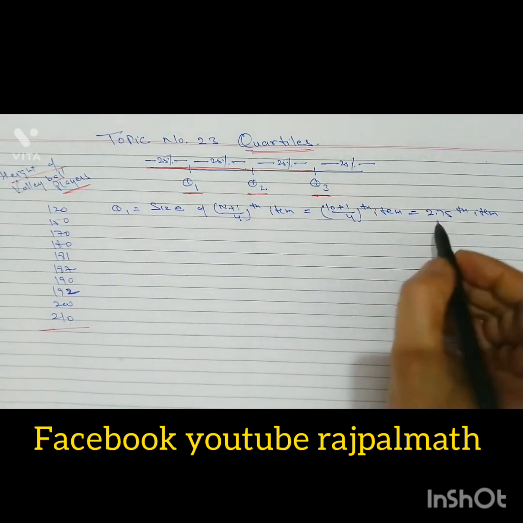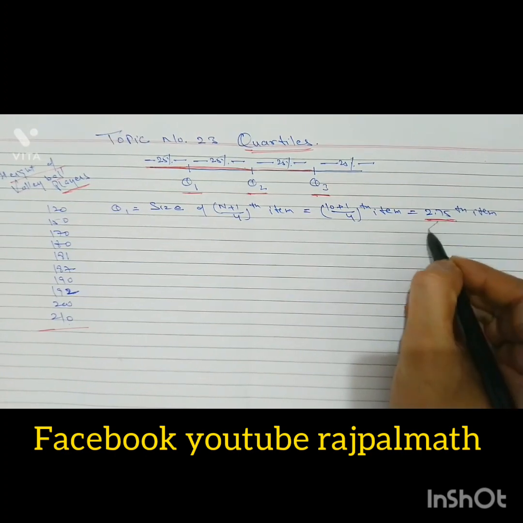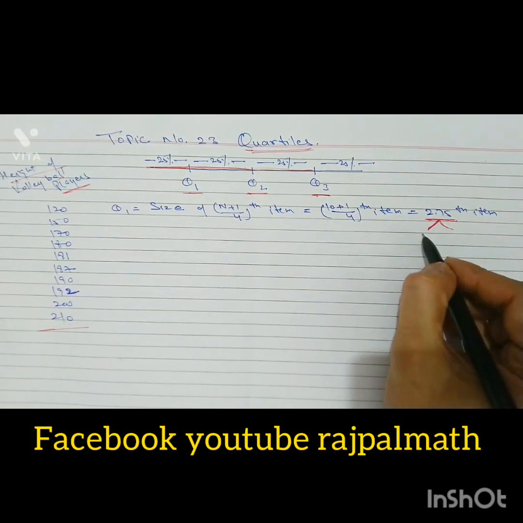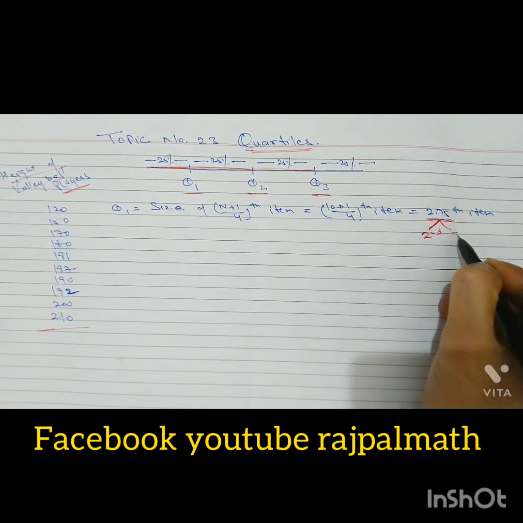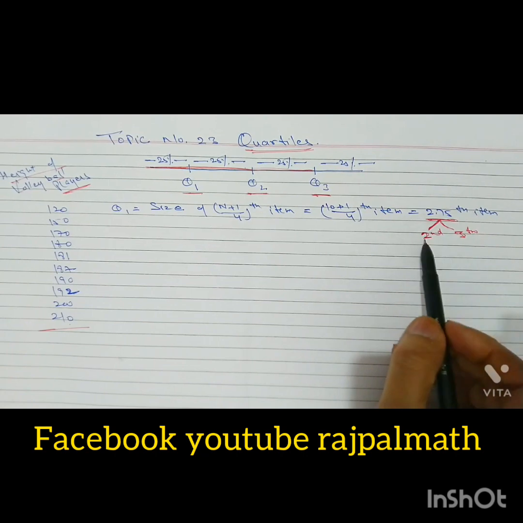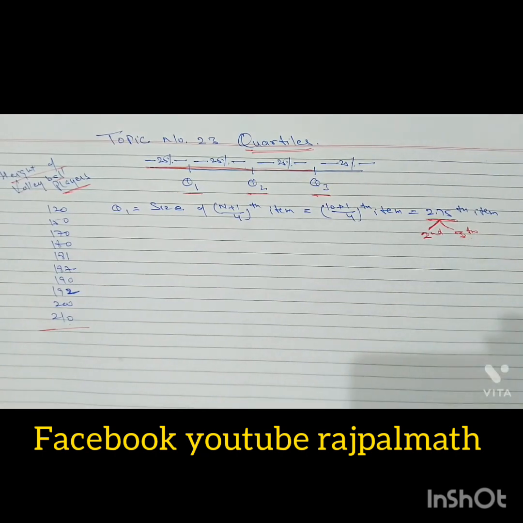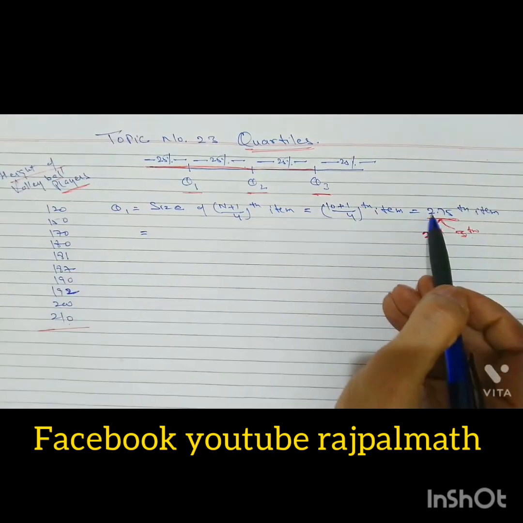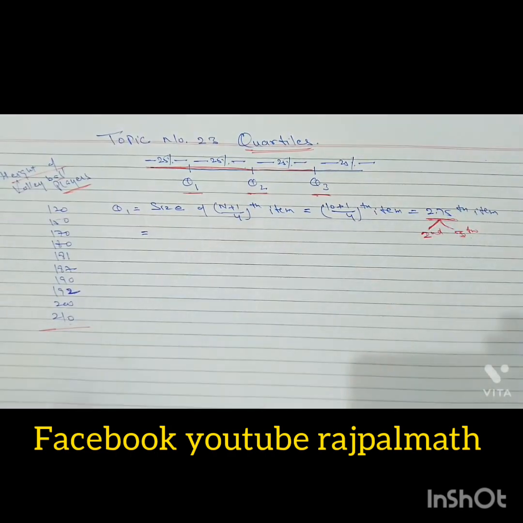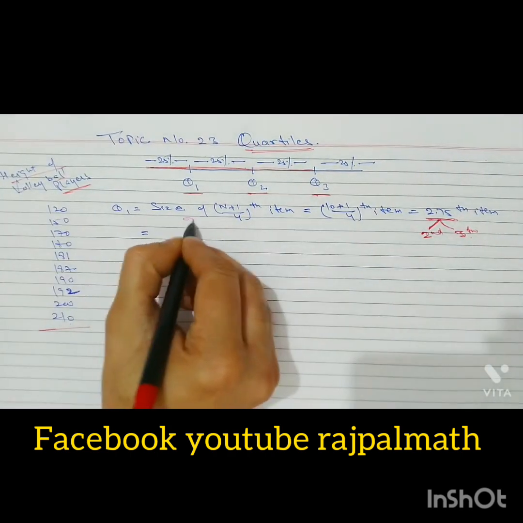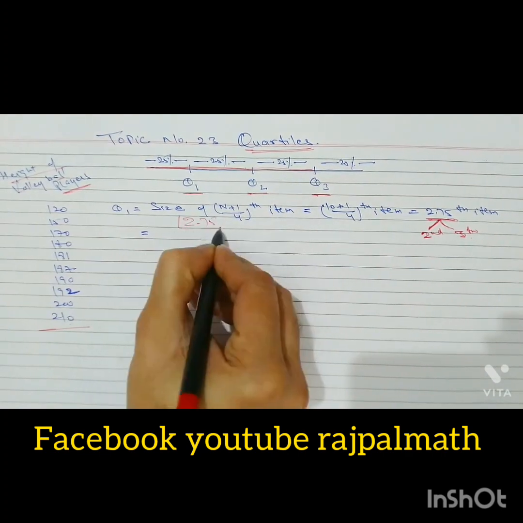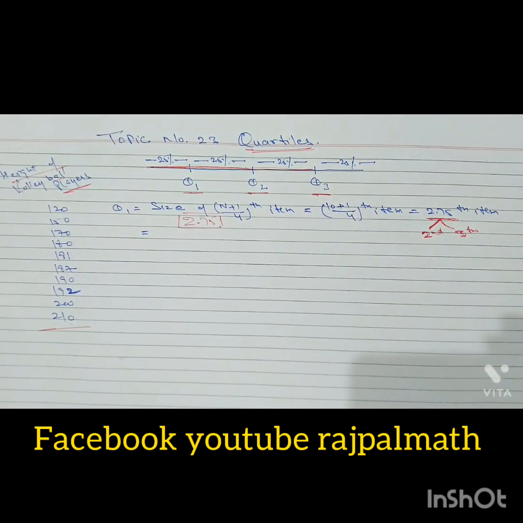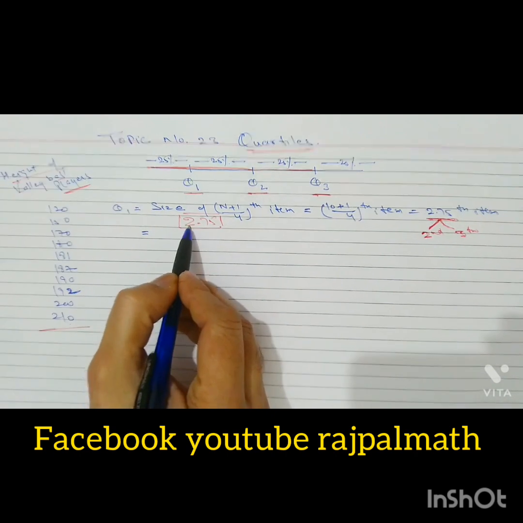Now 2.75 lies between the second and third item. Therefore the formula is: size of the 2.75th item means size of the second item plus 0.75 into (size of third item minus size of second item).